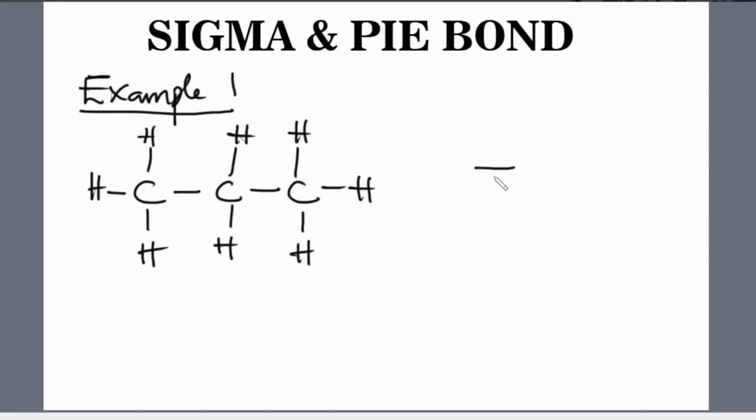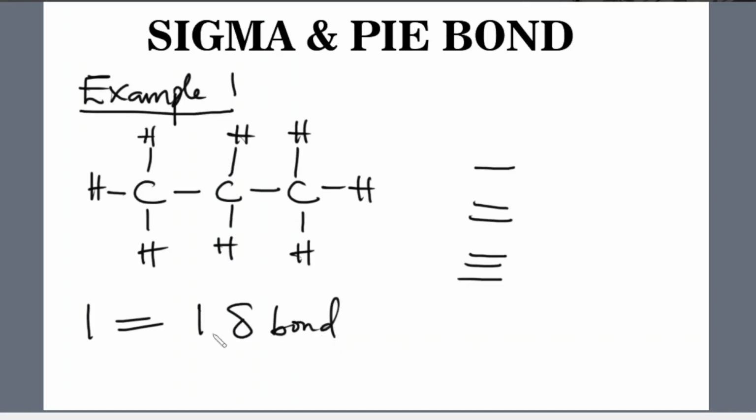This is a single bond. This is a double bond. And this is a triple bond. So we only have 10 single bonds in this compound. And in one single bond, there is one sigma bond and there is no pi bond in it.